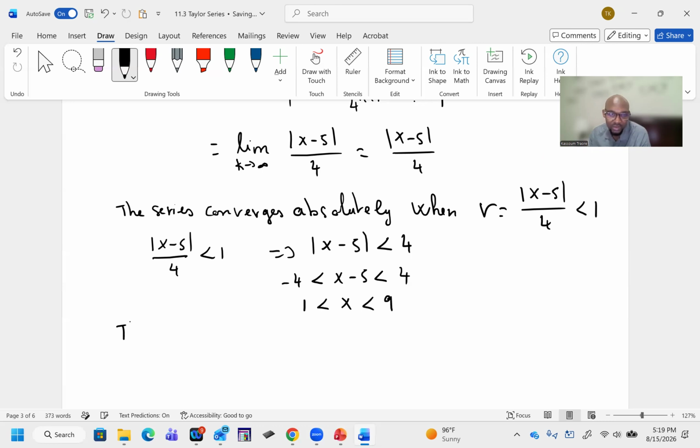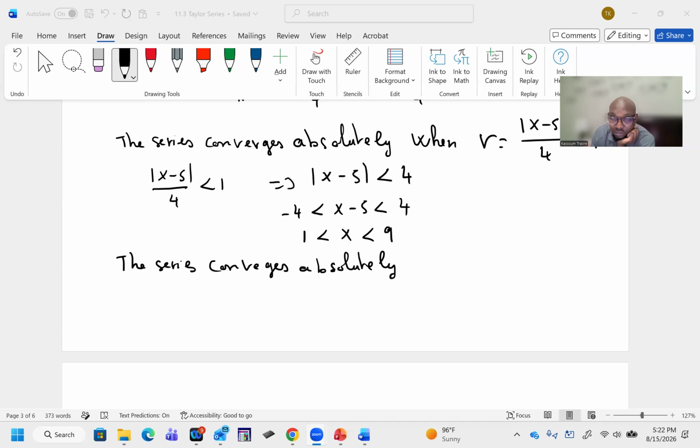So the series converges absolutely in between 1 and 9, right? And the radius of convergence is what? 4.